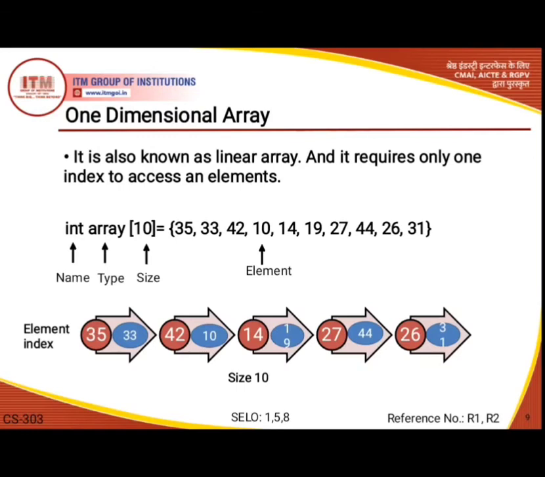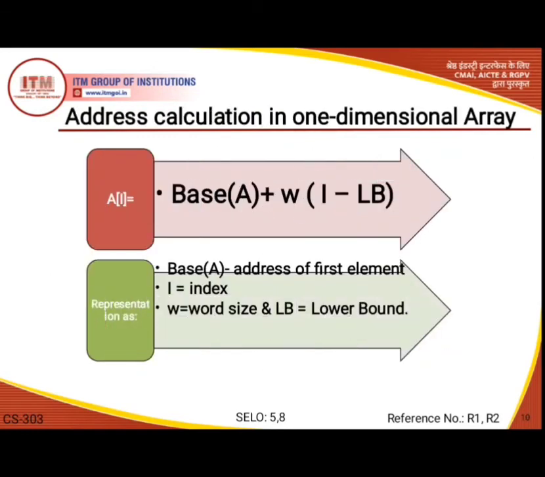Okay, now address calculation in a one dimensional array. Since array elements are stored in contiguous memory locations, the computer does not need to know the address of every element, but only the address of the first element. So the address of the first element is called the base address. Given the address of the first element, the address of any other element is calculated using this formula.